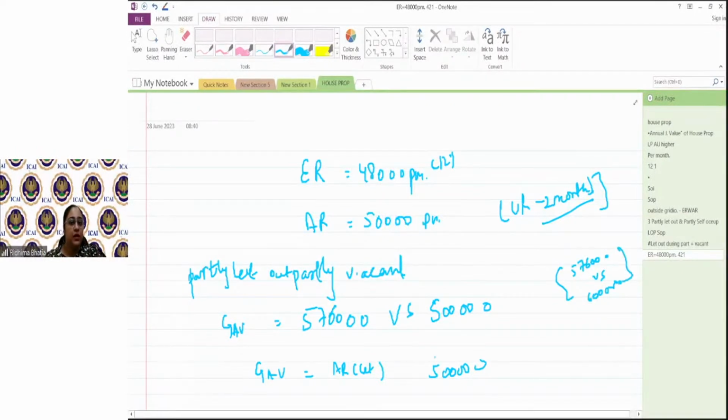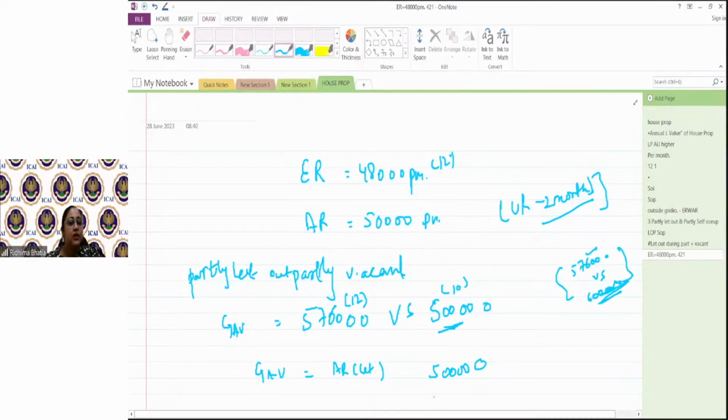So in this case, actual rent is coming lower just because of vacancy, correct? This is 12 months, this is 10 months. Just because I took 10 months, it is coming lower. If I took the full year, it would be higher, guys. So it's a genuine case, and hence I can pick the actual rent of the let out period as my gross annual value.